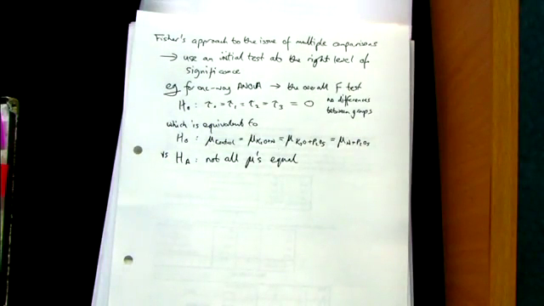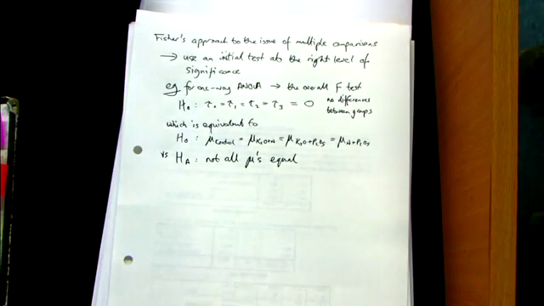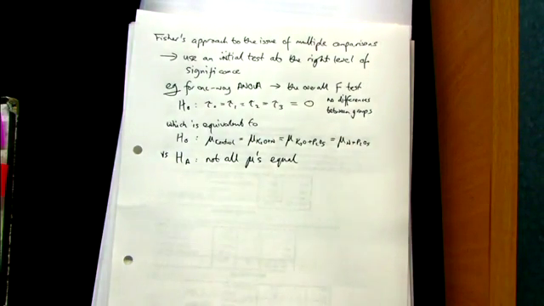At least two of them differ. We don't know which two, but what the test tells us is there's something going on here. There is some useful results in this experiment. So if we find we've got a low p-value here, we reject the null hypothesis in favour of the alternative hypothesis, there is something going on.